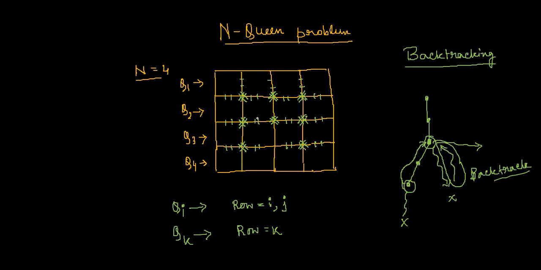If I assume that I is equal to 2, then queen 2 is here. That means I is equal to 2, and J will be equal to 1. I assume my index is 1, 2, 3, and 4. So forget about index 0 for the time being.